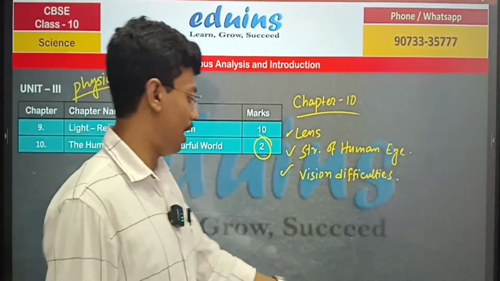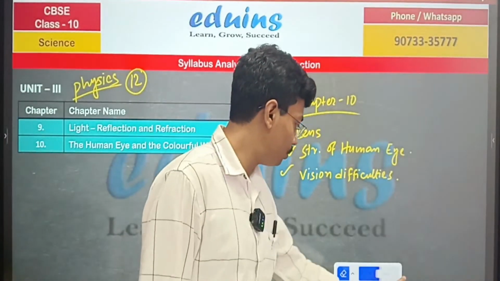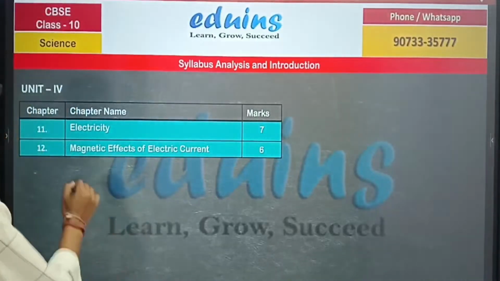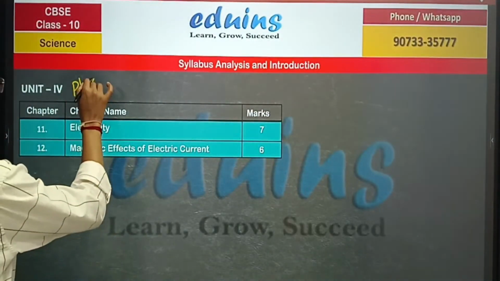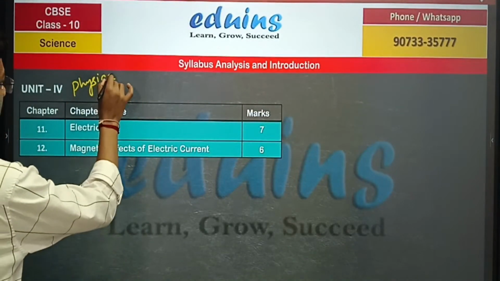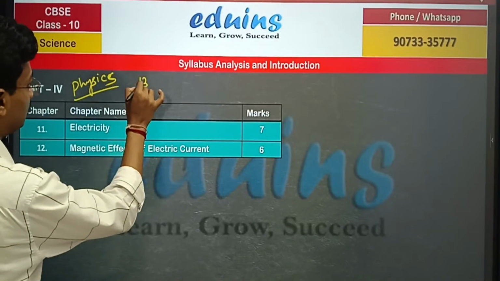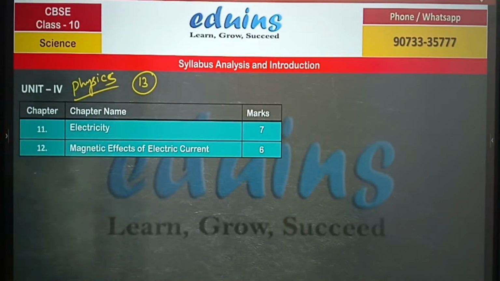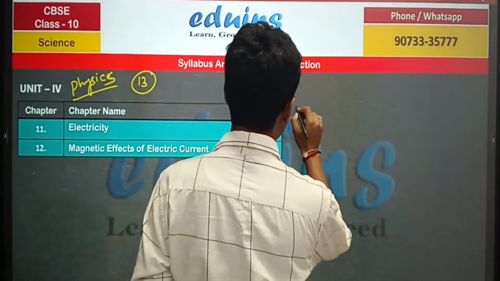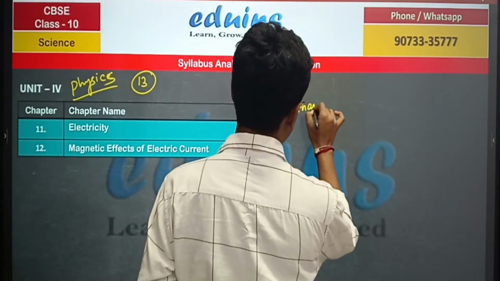The next unit is also included in physics, and this part will cover 13 marks. The first chapter is named electricity, chapter 11.